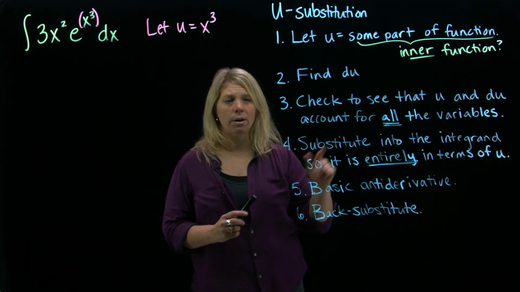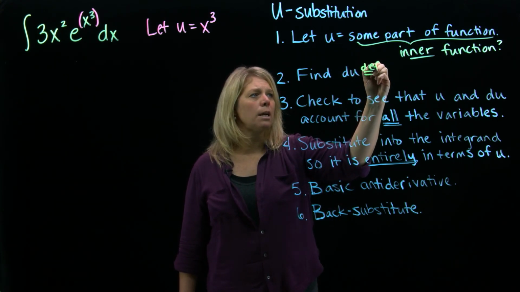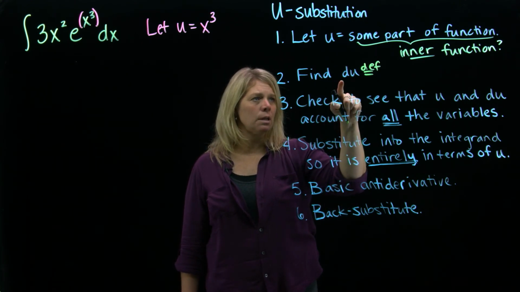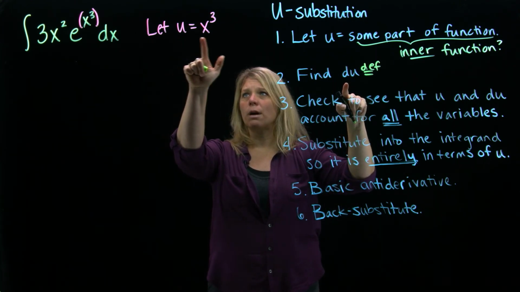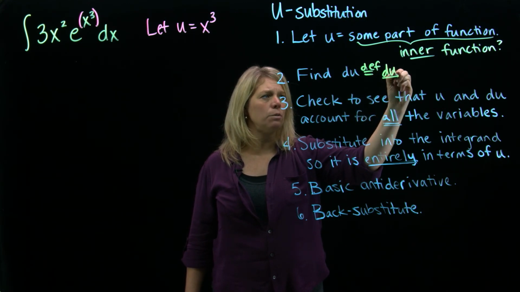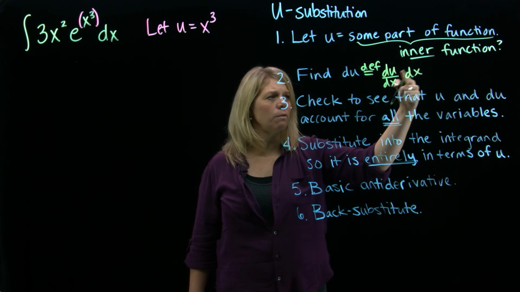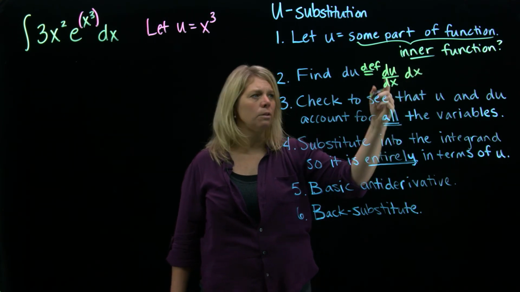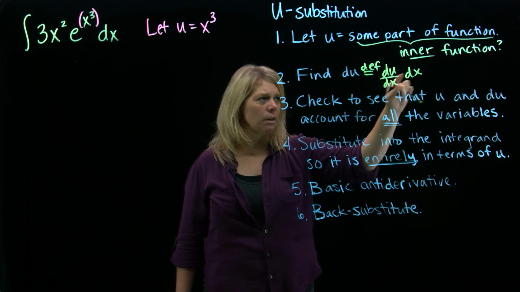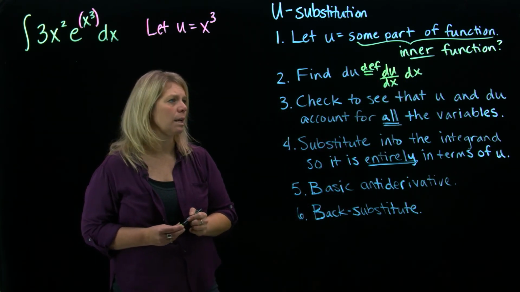You have to remember the definition from the section that we did on differentials. Here I have u as a function of x, so du is defined to be du dx times dx. It sort of looks like those dx's should cancel. This isn't exactly a fraction, so they don't really cancel, but we like that notation because it looks like those dx's should cancel.